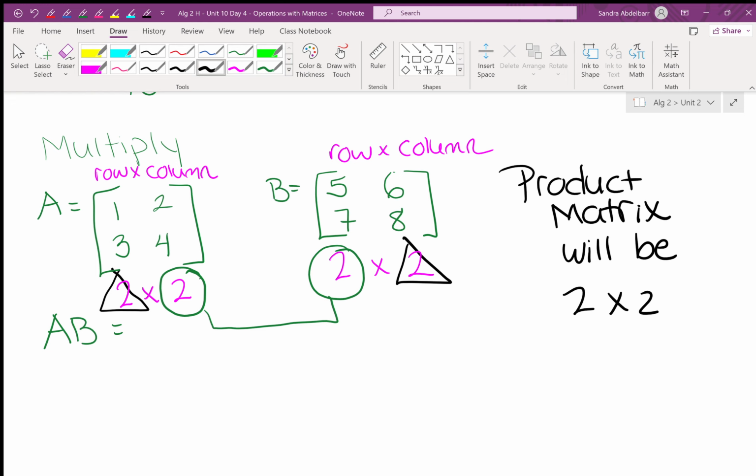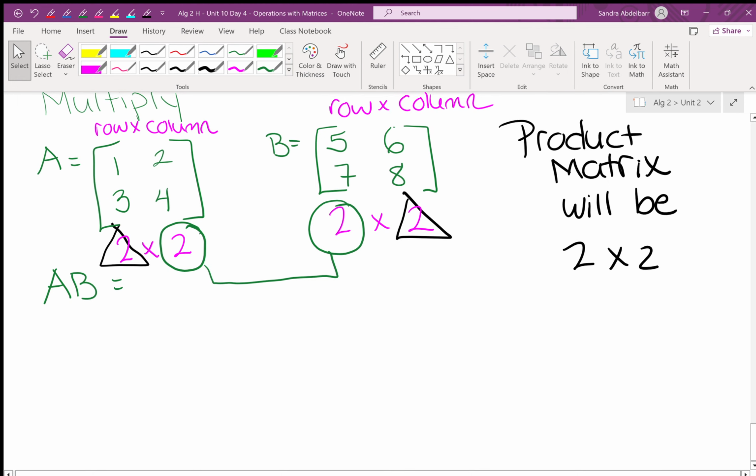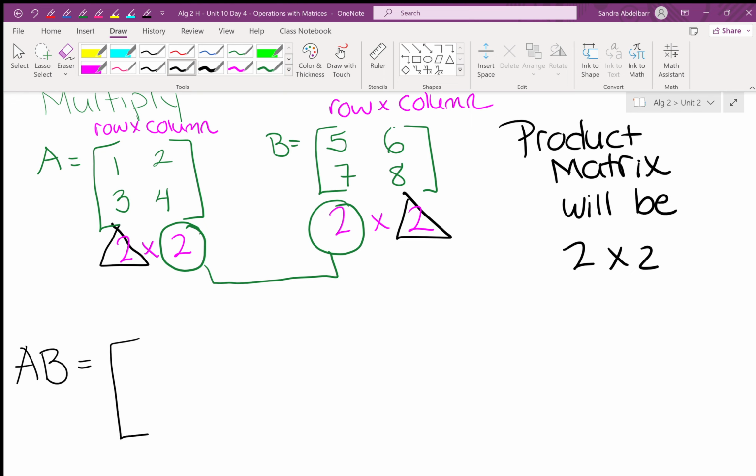All right, how do we multiply now? It's not fun. So what we're going to do is take the first row to start off with, and multiply it by the first column in the second one.